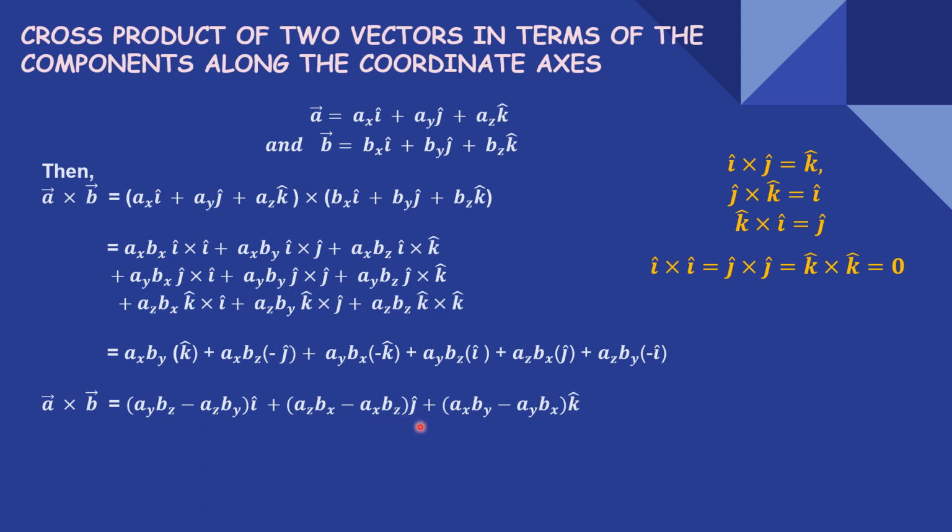Now we take a common j from the second and fifth terms. So from the second and fifth terms we can take a common j, so it becomes az bx, which contains plus j, minus ax bz, which contains minus j, j caret.